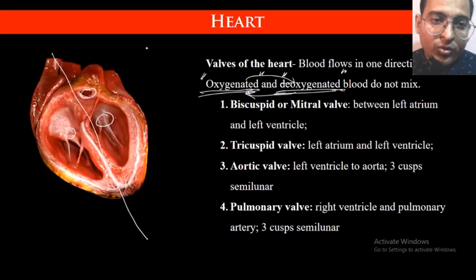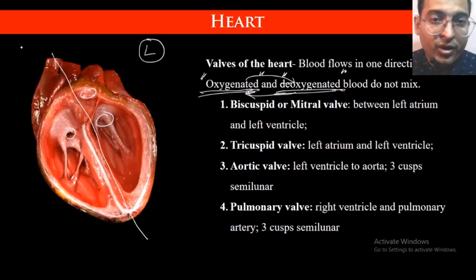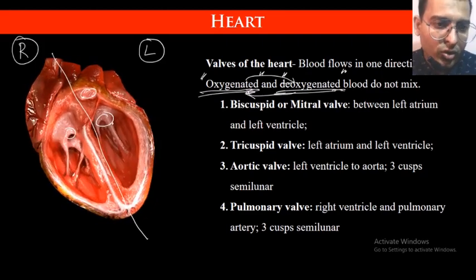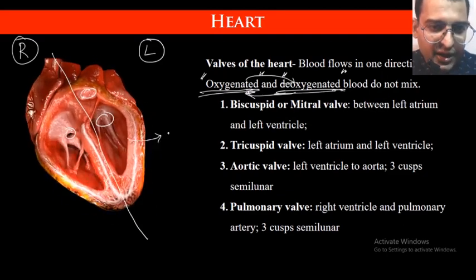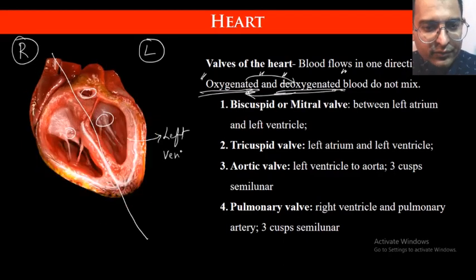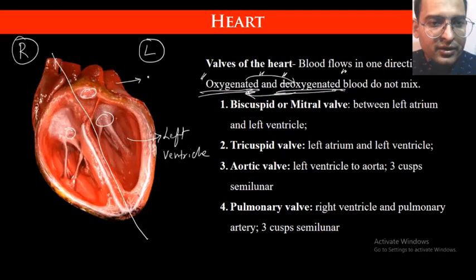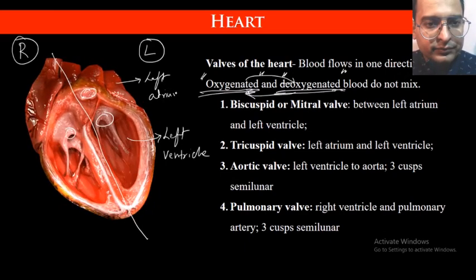Therefore, what is right for us will become left and what is left for us will become right. So this one will be called the left ventricle. Similarly, this will be called the left atrium.